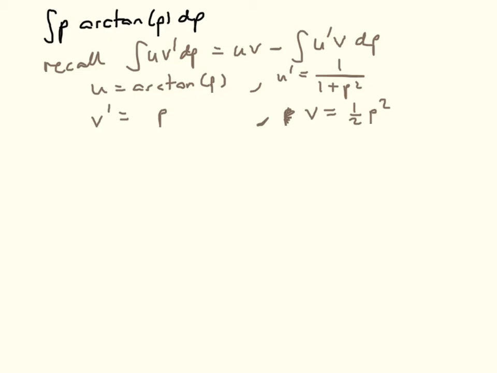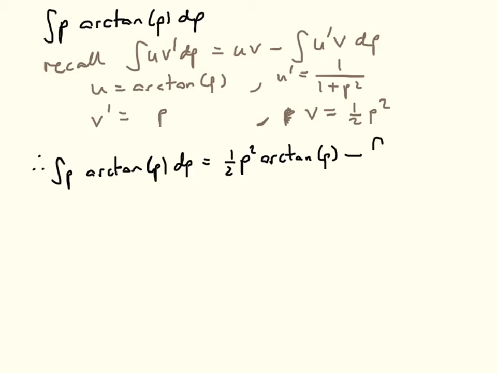So therefore, the integral of p times the arctangent of p is going to be u times v, which is 1/2 p squared arctan of p, minus the integral, and now it's 1/2 p squared times 1 over 1 plus p squared, so I write that as p squared on the top over 1 plus p squared, all integrated with respect to p.